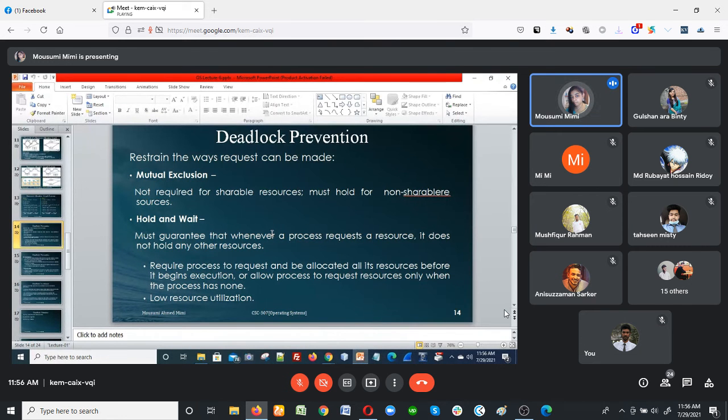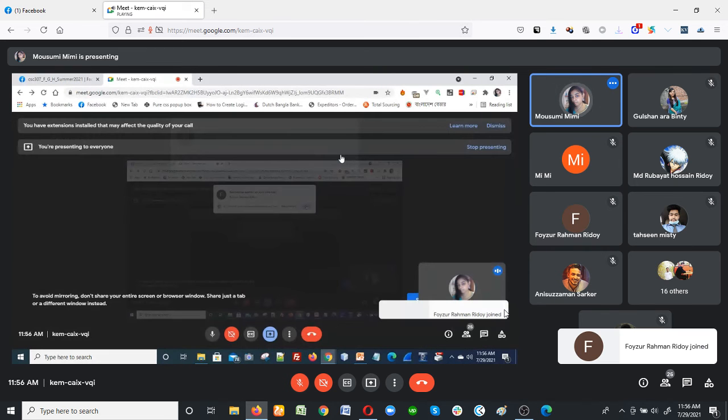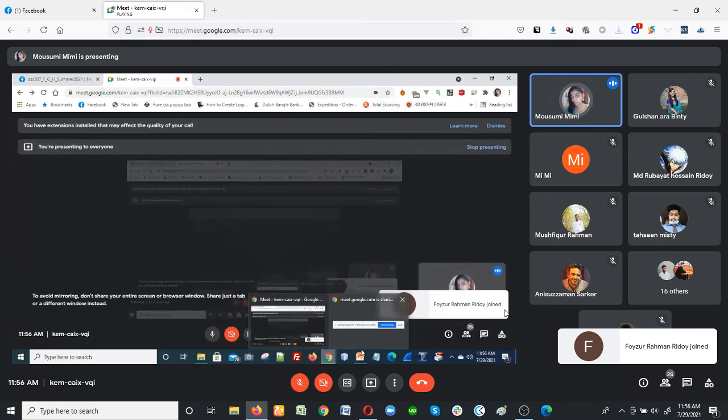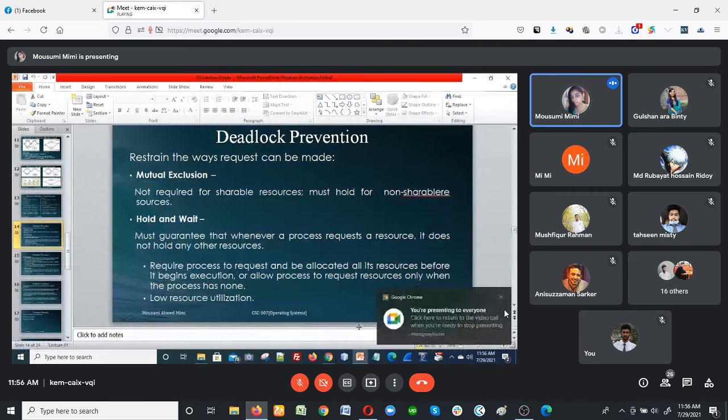For example, now I am using Microsoft PowerPoint and Google Classroom to run your class. But the processor does not only run these two processes, it also runs a lot of hidden processes.